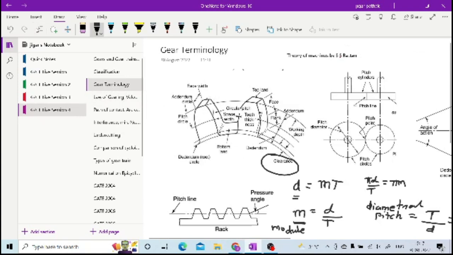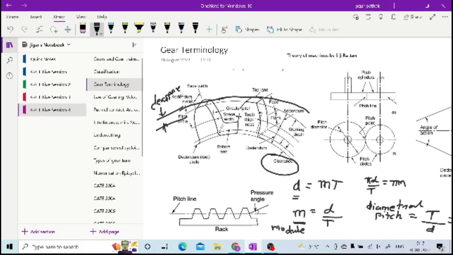If you consider another gear in mesh with this particular gear, then here you must have some clearance between them. This must be the clearance.